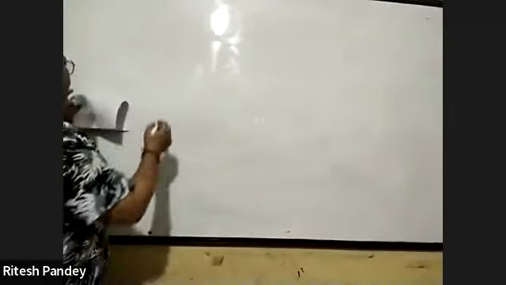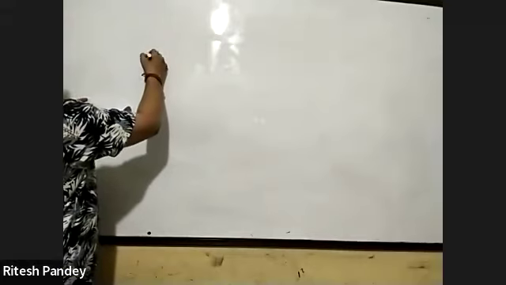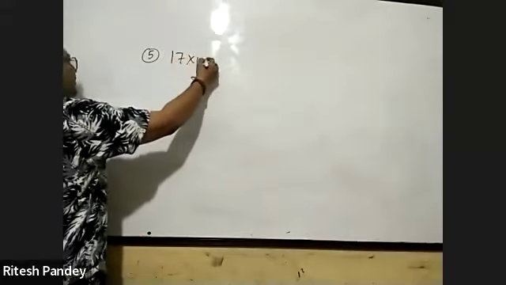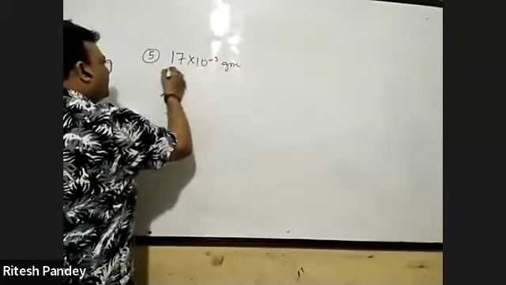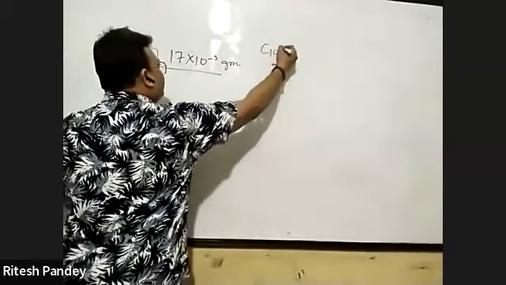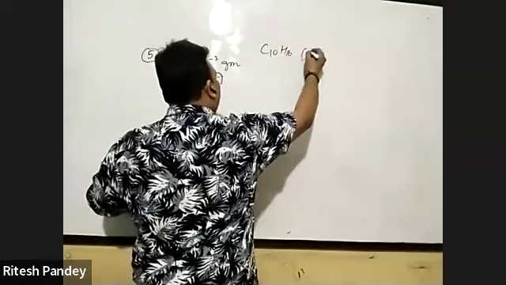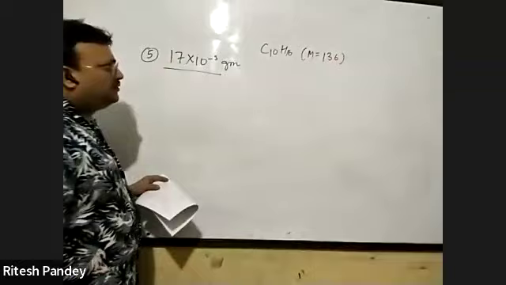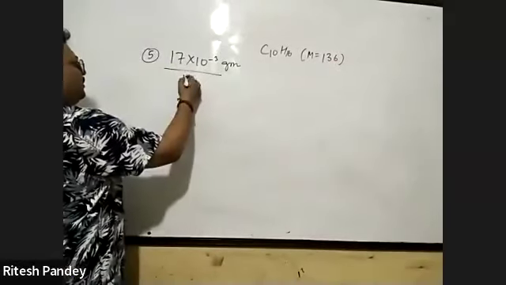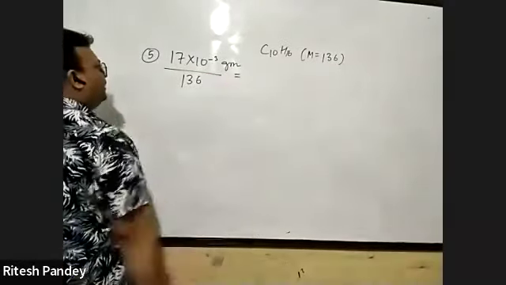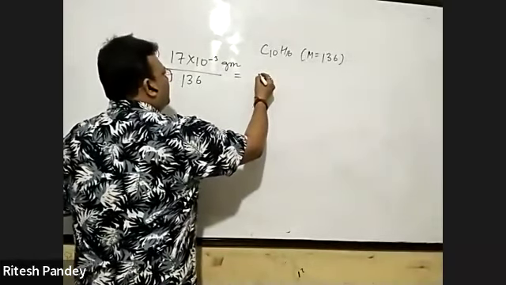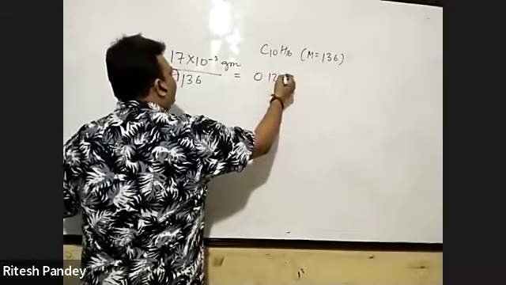17 milligram of a hydrocarbon having a molecular formula C10H16, and 17 milligram is 17 into 10 to the power minus 3 grams. Molecular weight C10H16 would mean molecular weight is 136, I reckon. 136. And this would mean 0.125. 1.25 into 10 to the power minus 4 moles.